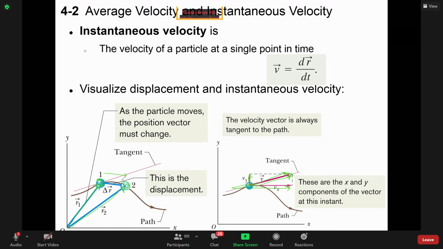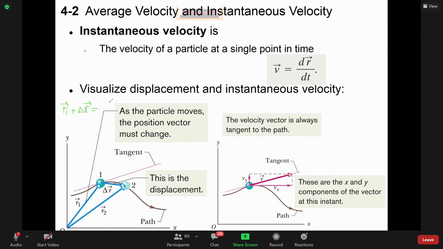Use a summation of vectors. I will write the equation: it is R1, graphically a summation of vectors, plus delta R, which is the displacement I want, should equal R2. You agree with me?